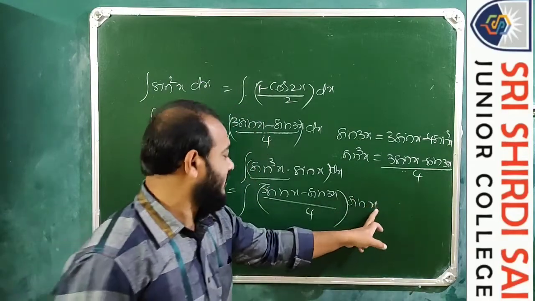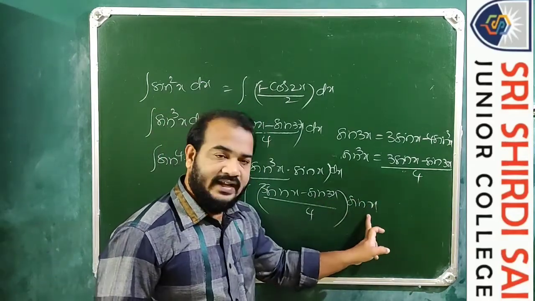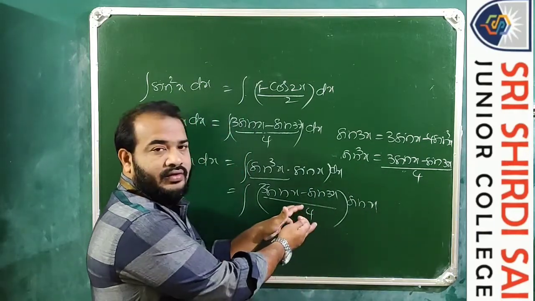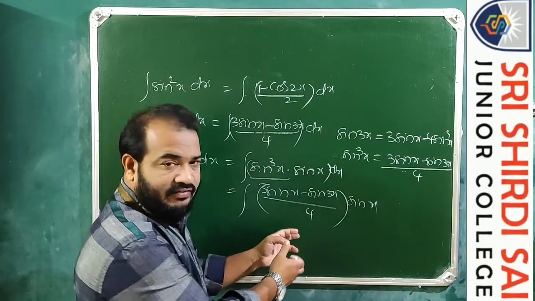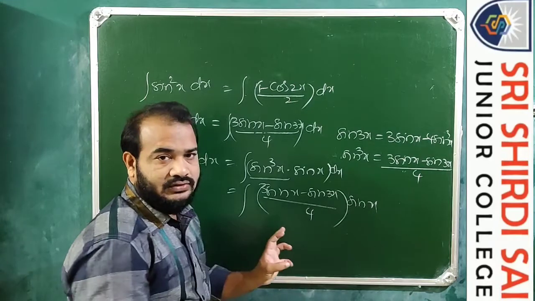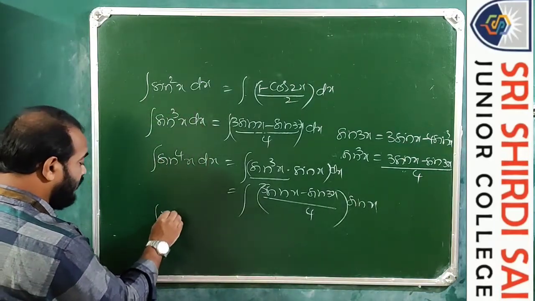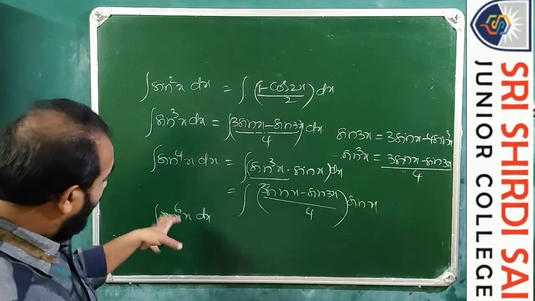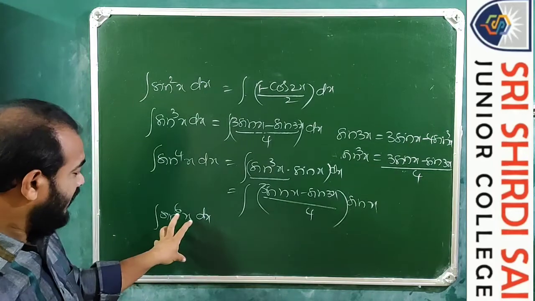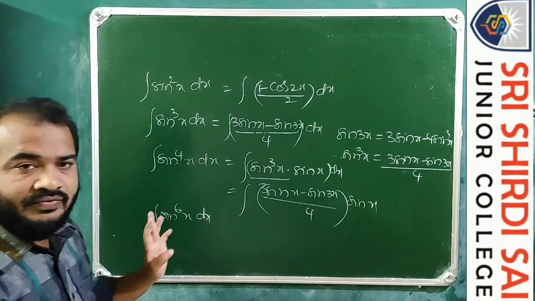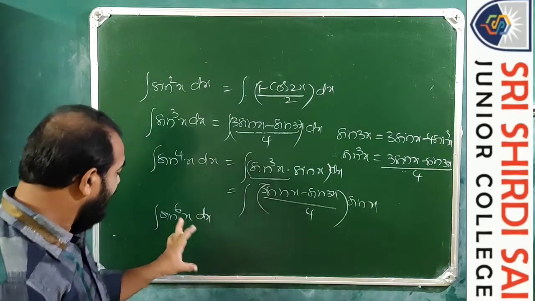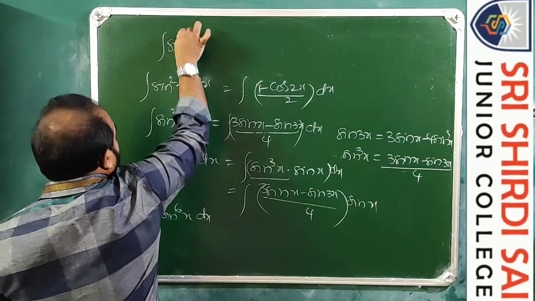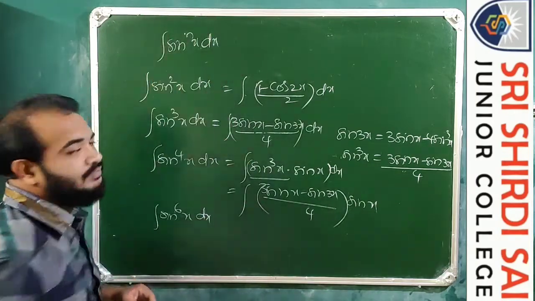Again sin x into sin x gives sin^2 x, and sin 3x into sin x as well. So to proceed from here we have some complexity. And if you are asked to find the integral of sin^6 x dx, the complexity is further increased. So exactly to solve this, we will prepare a reduction formula for sin^n x dx.